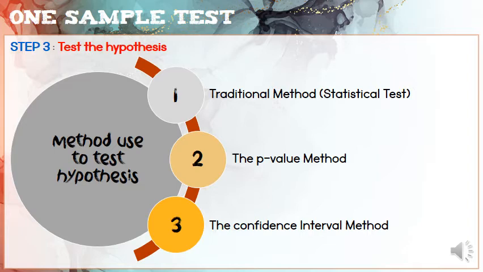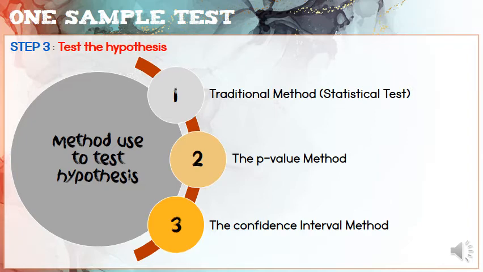Now, step number 3 dalam hypothesis testing. Okay. Kita nak test hypothesis tu. So, untuk test hypothesis, kita ada 3 method. So, nak pakai methods yang mana bergantung kepada soalan.